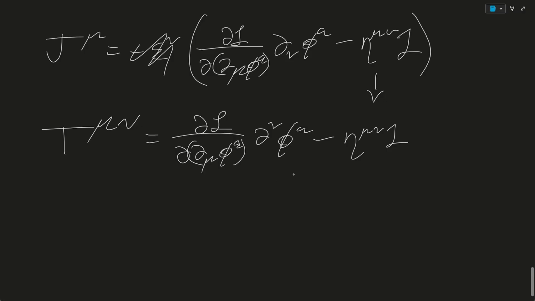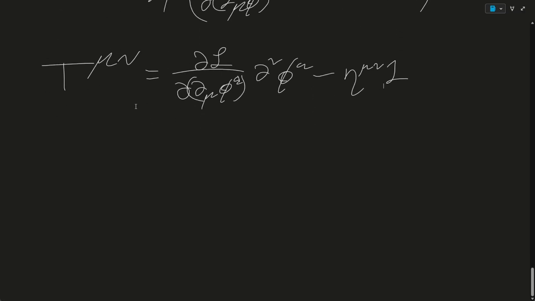This is our stress energy tensor. I forgot to get rid of that, that's lackluster, sorry. This is our stress energy tensor, which is quite an important one. I've definitely used this in quite a few videos.